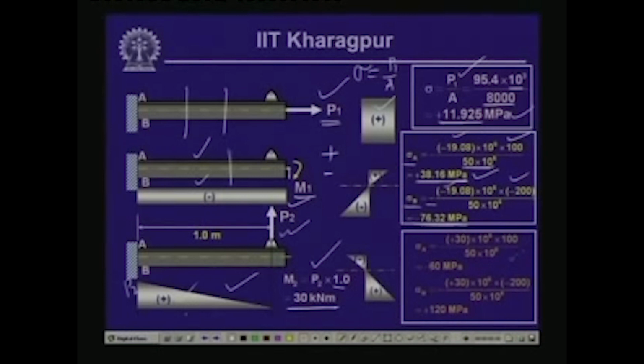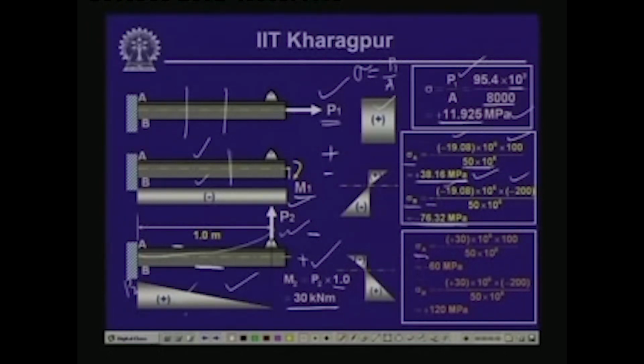Now if we compute the stress at the top, because of the bending which is going to happen physically, this member is going to be lifted up in this form. So we will have tensile stress at the bottom and compressive stress at the top. As per our sign convention, this is negative at the top and positive at the bottom, and that is what is represented here.